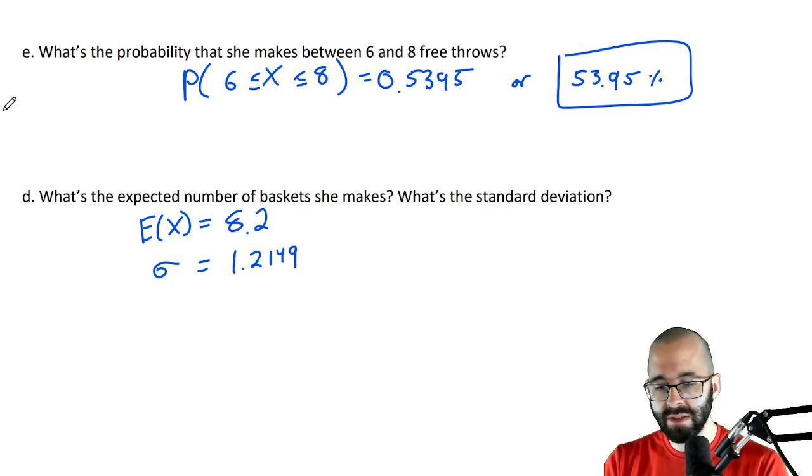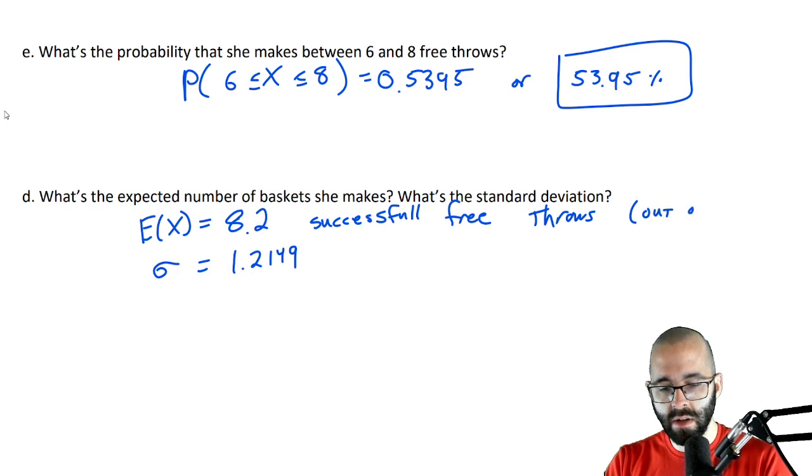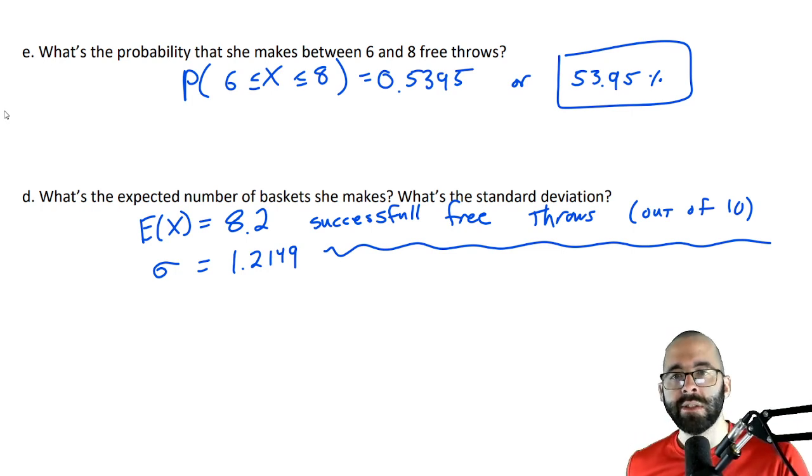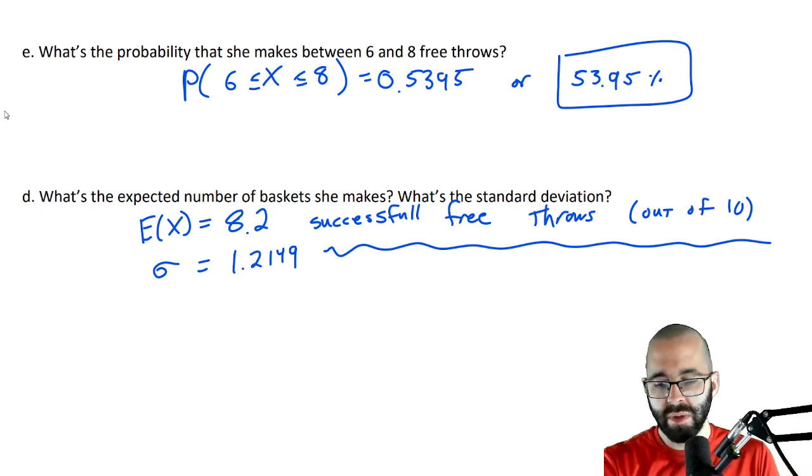Okay, and for units, don't ever forget your units: successful free throws out of 10. And you can just copy this down because the units are the same. So on average, about 8, plus or minus 1.